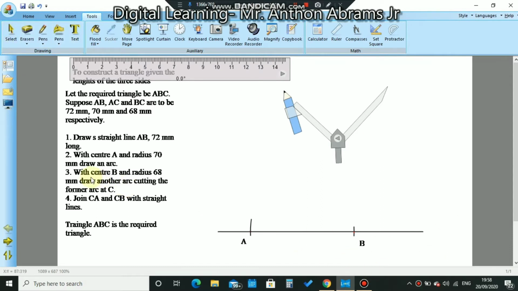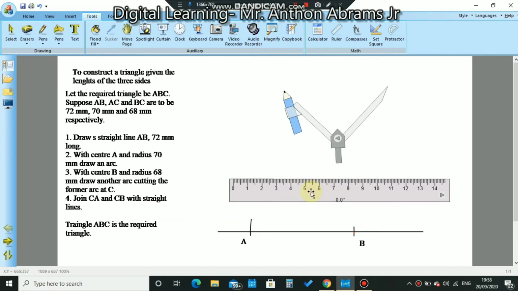The second step says with center A and radius 70 mm, draw an arc. So we're gonna take our compass again, and instead of it being 72 mm, it is 70 mm. It's not 72, it's 70.